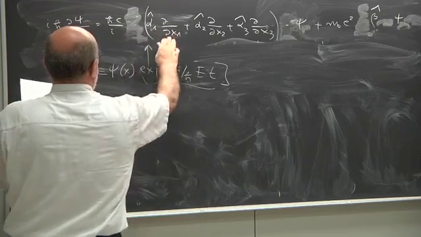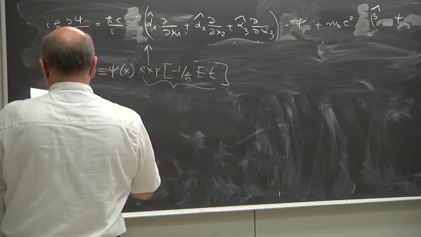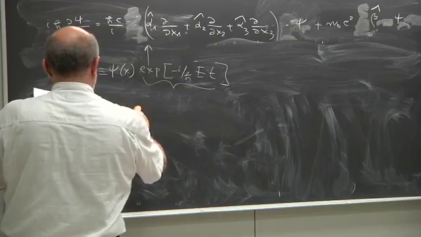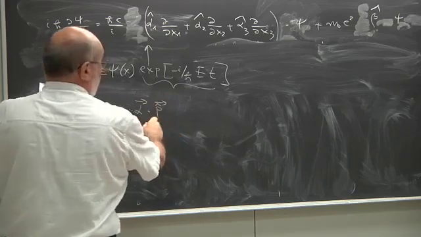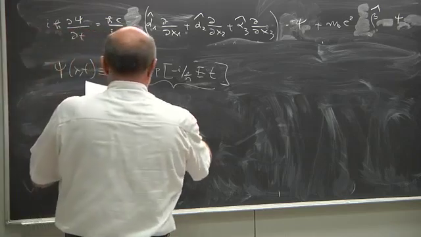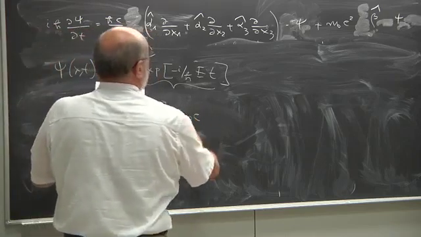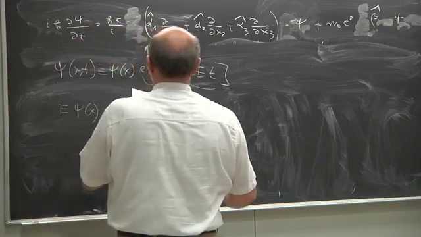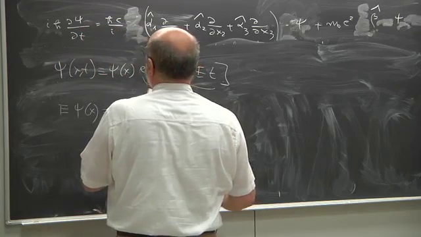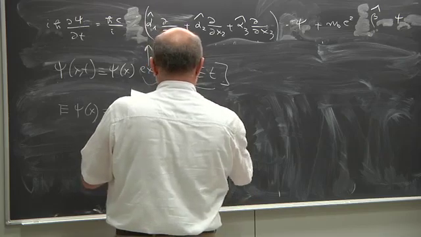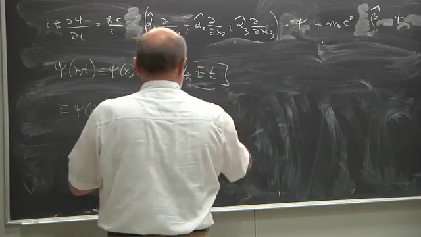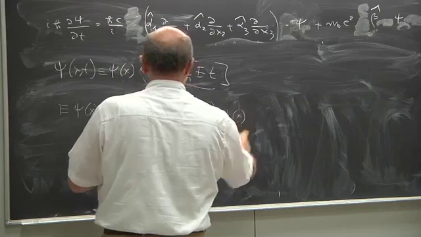Let me write it here in the normal way. So E psi equals c alpha dot P, where P is the derivative operator, plus m0 c squared beta, acting on psi of x.